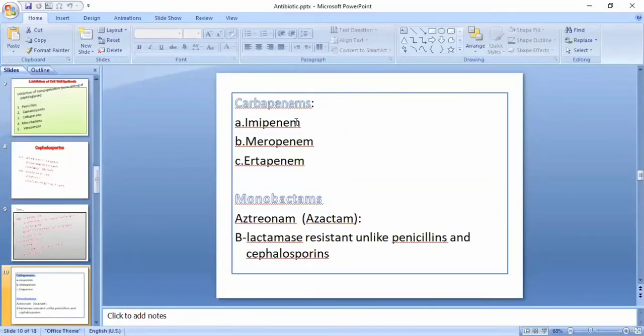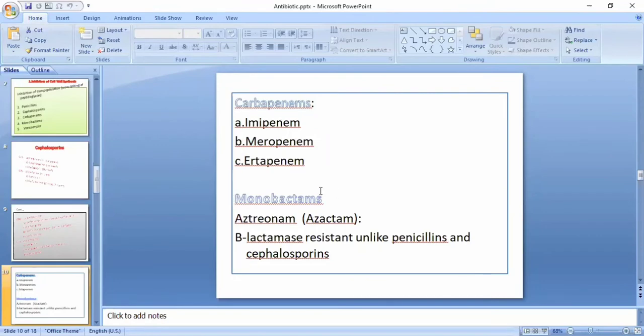These drugs are very expensive. When the typhoid becomes multiple drug resistant, in the end we try to give these antibiotics, and then Salmonella typhi, which causes the enteric fever or typhoid fever, is treated properly. However, these drugs are very expensive.